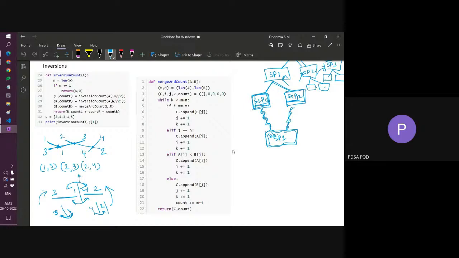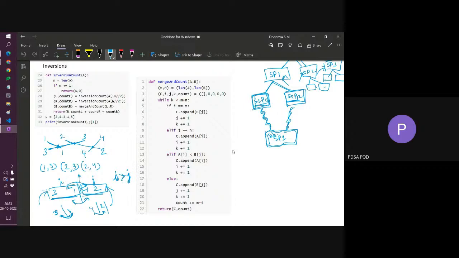But what does the merge mean here? The merge means whether you have any inversions that can happen between, say, suppose you have found the inversions here and you found the inversions here. What if there is an i here and a j here where i is greater than j?